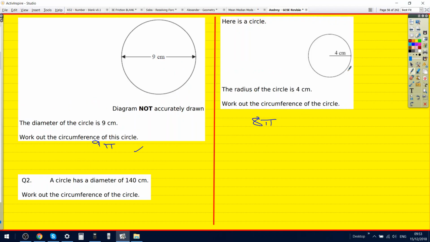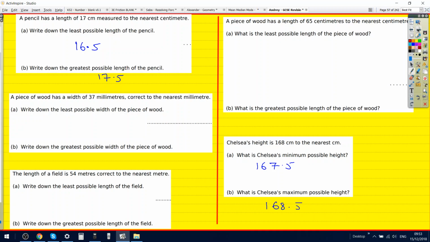Okay. Bottom left. 1:45. Yeah, and if it was a calculator paper, just put that in your calculator.